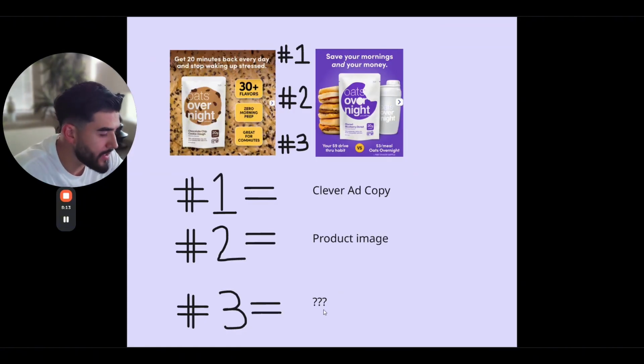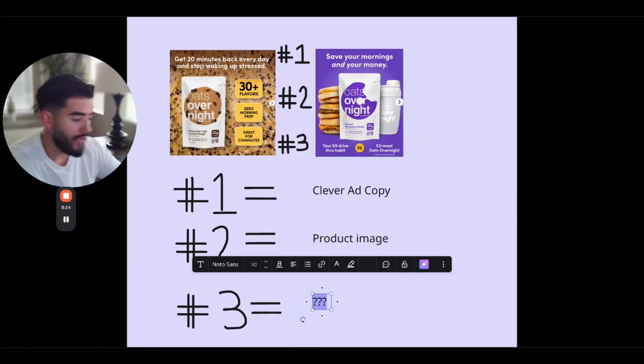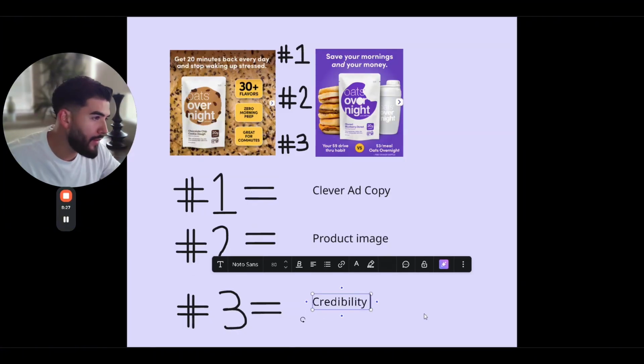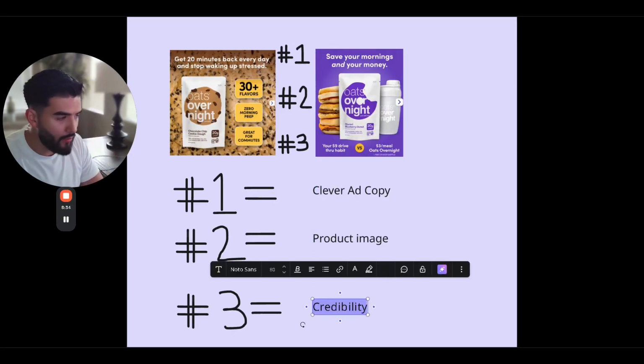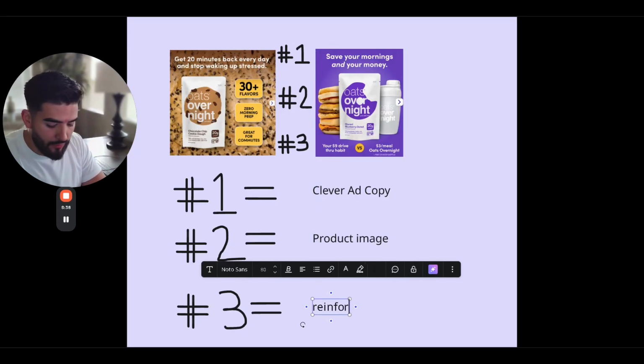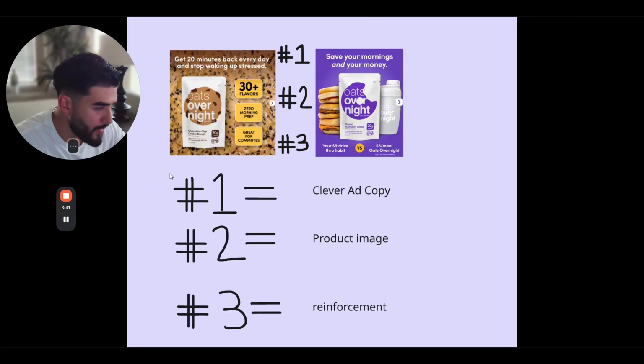Last but not least, and this is probably the most variable or creative thing that you can do and that you'll have some variance on and some creativity on. But number three is credibility. And the way you establish credibility, maybe credibility is not even the right word. I would say it's almost reinforcement. What do I mean by that? Well, you just made a claim up here.